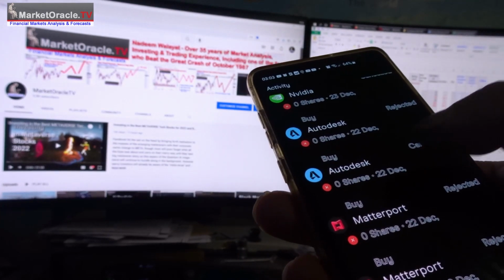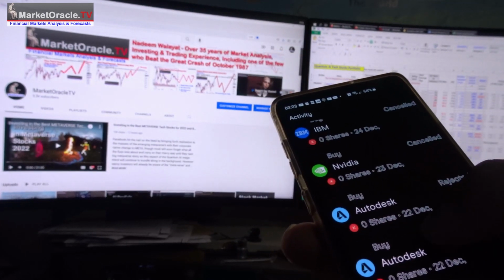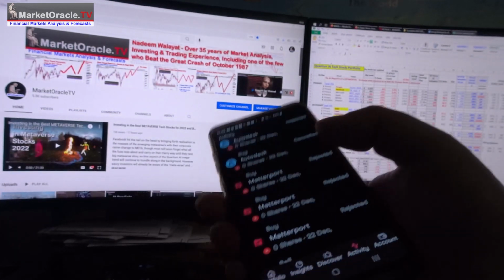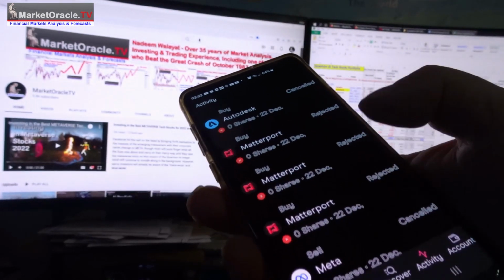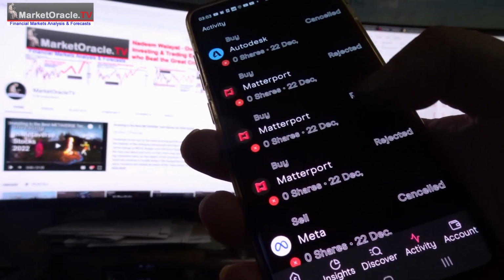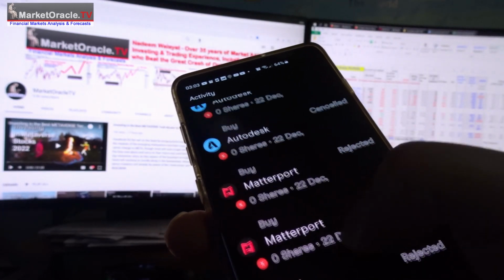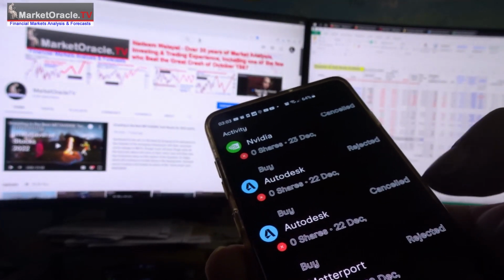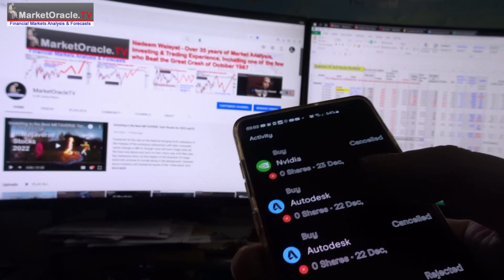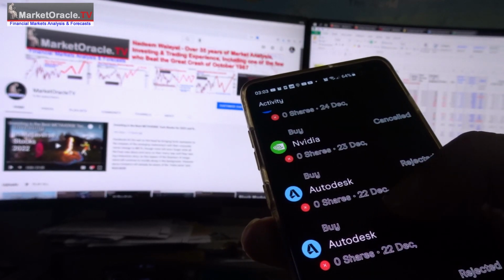A lot of orders get rejected, and you don't know when. It could be a few minutes, a few hours. Like here, I placed that order and it was instant, so I placed it again, rejected, placed it again, rejected. Placed AUTODESK, cancelled after some time, and placed it again, got rejected.